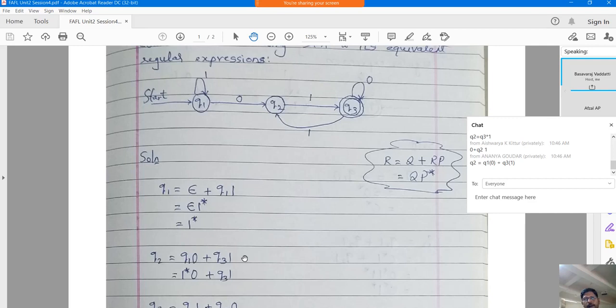One is from Q1 on 0, and another one is from Q3 on 1. Therefore, Q2 equal to Q1 0 plus Q3 1.